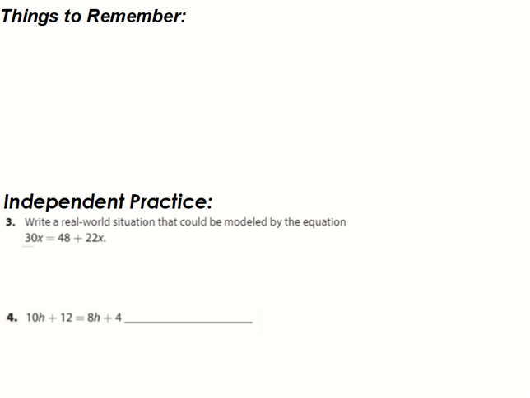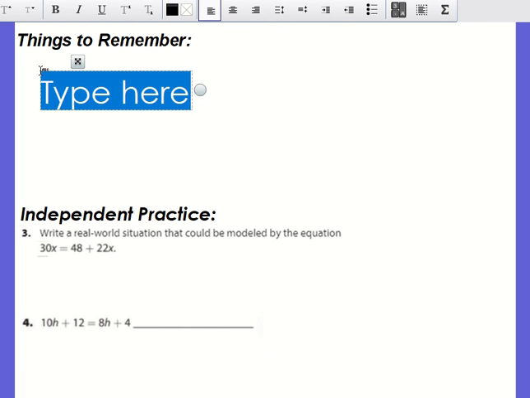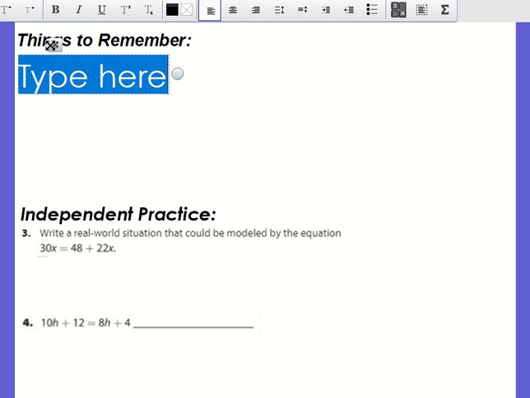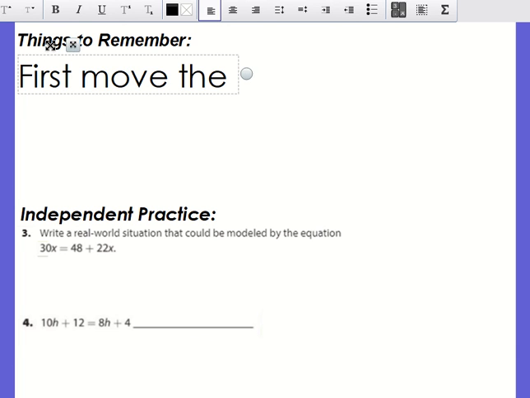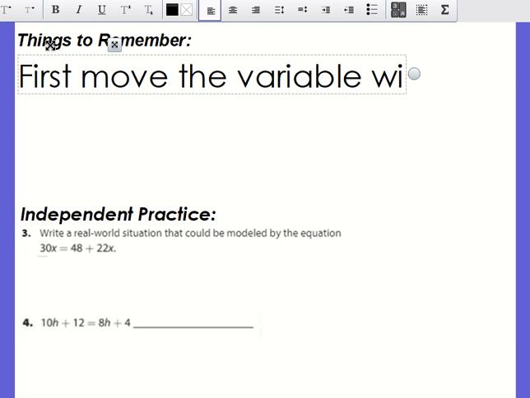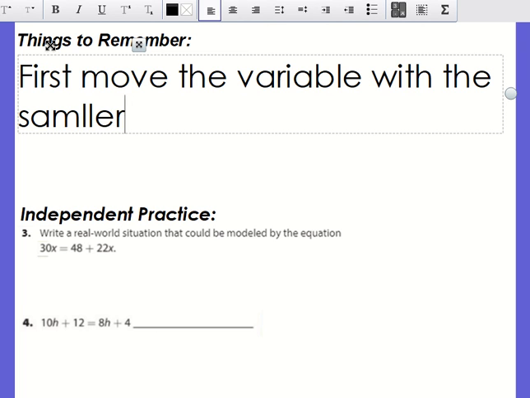I would say, okay, so things to remember. I'm going to type these just because my handwriting's so bad sometimes. So first move the variable with the smaller coefficient.